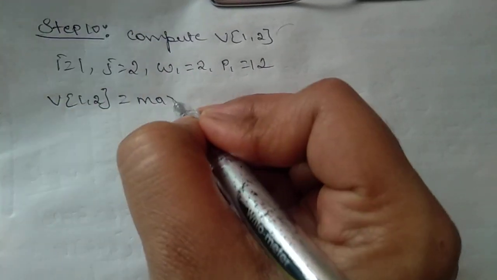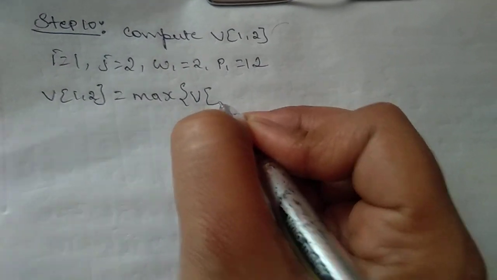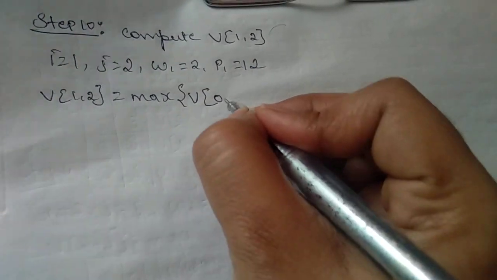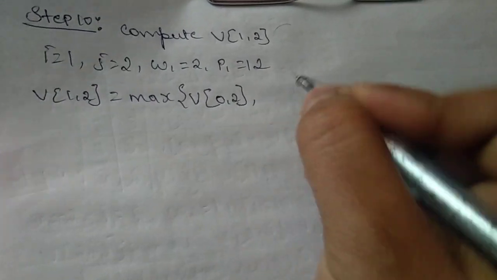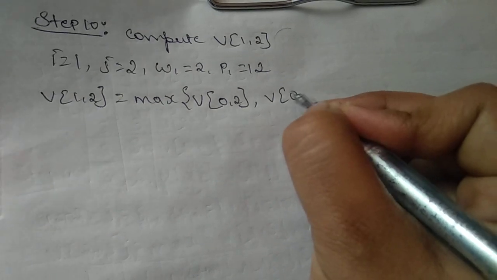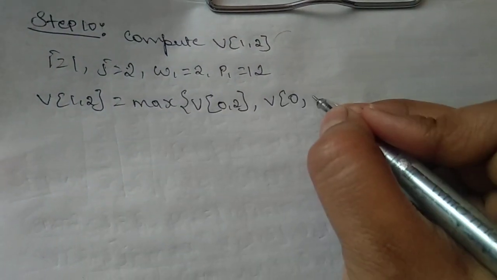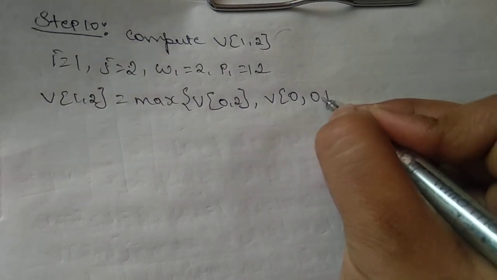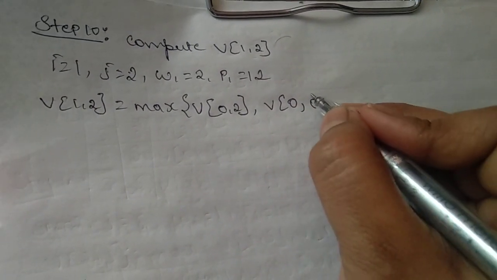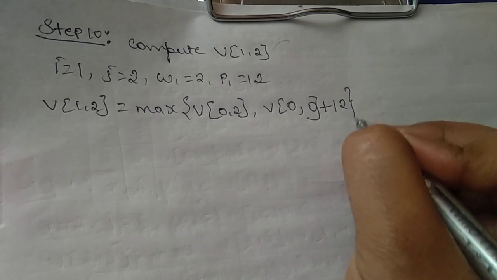So max of v of i minus 1 comma j, that is v of 0 comma 2, and v of i minus 1, that is 0 comma j minus wi, that is 2 minus 2 is 0, plus your profit, that is 12.